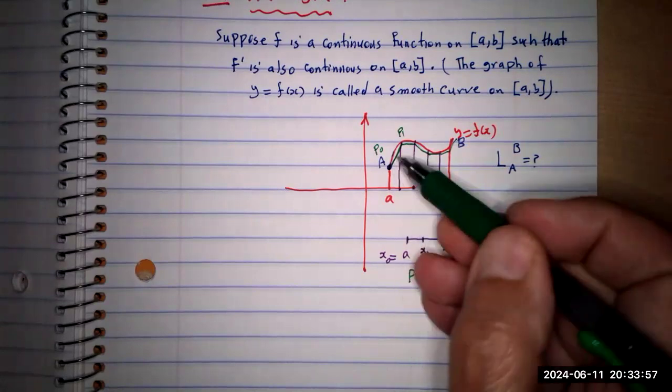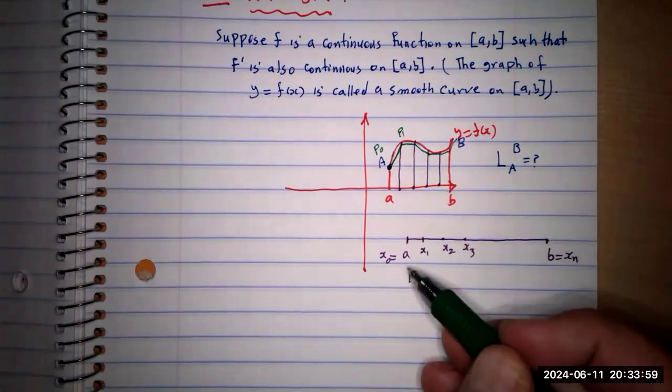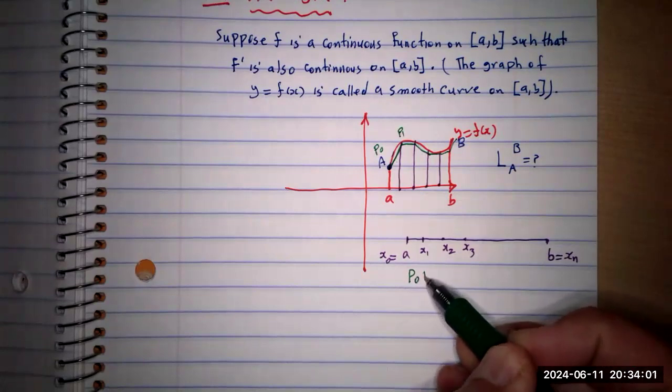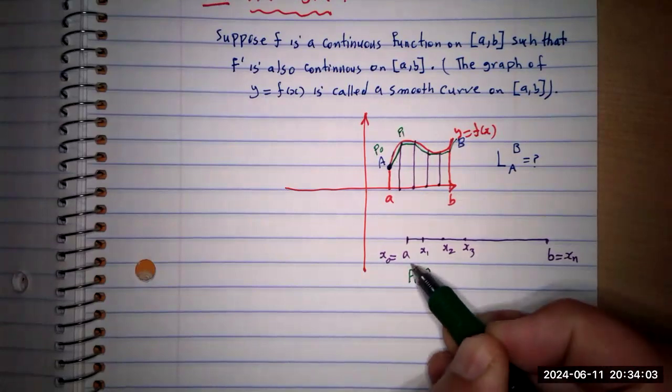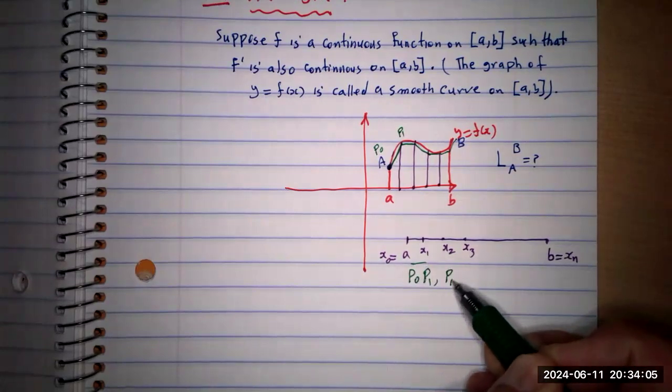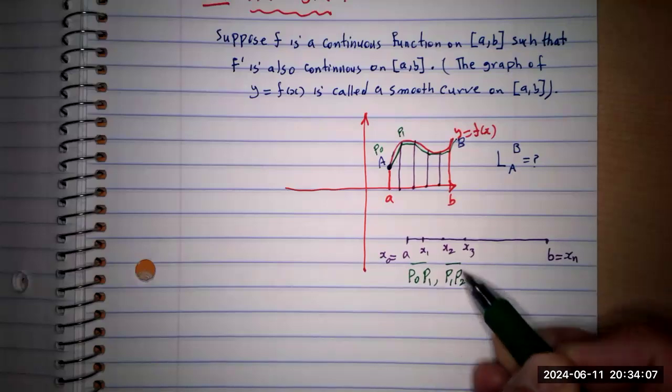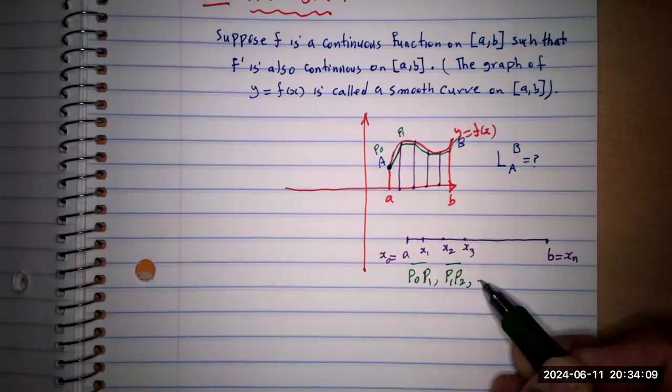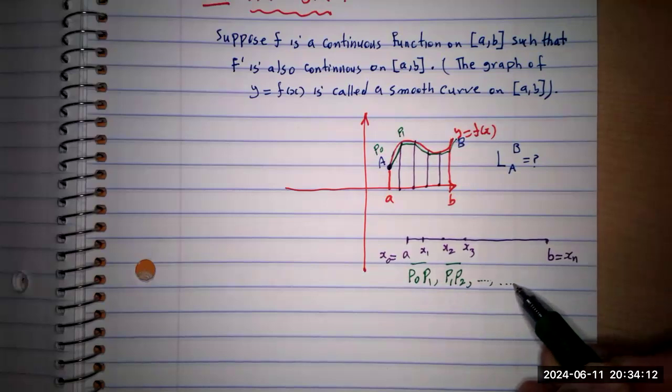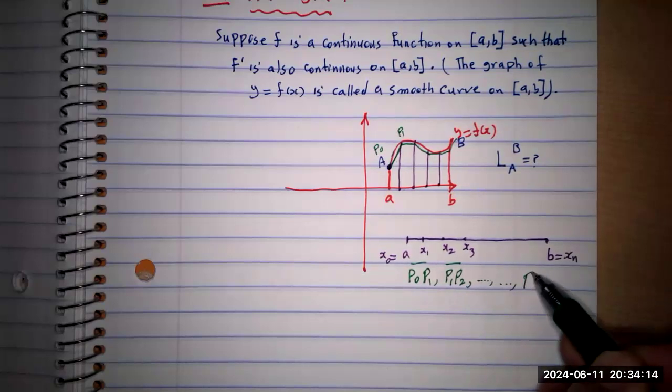Let's say the segment that we're going to have, you see this is going to be P0, P1. This is going to be one segment, then we get a P1, a P2, and then you just continue up to the Pn minus 1 and the Pn.